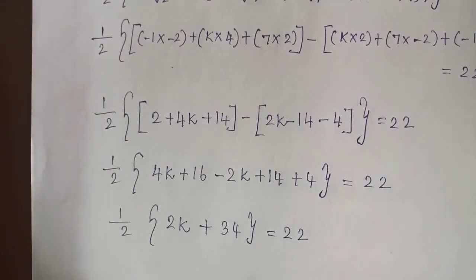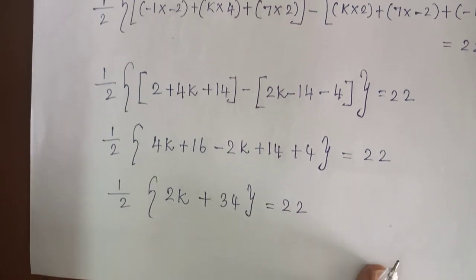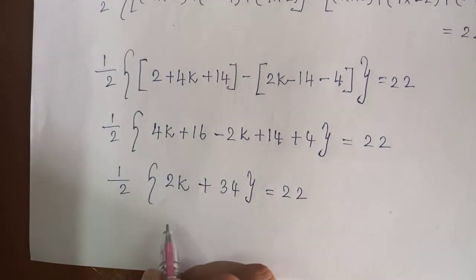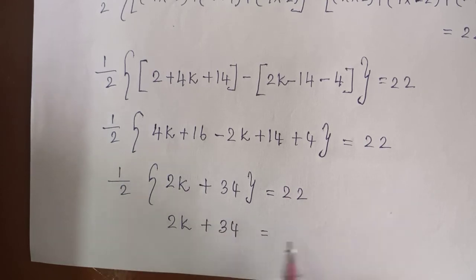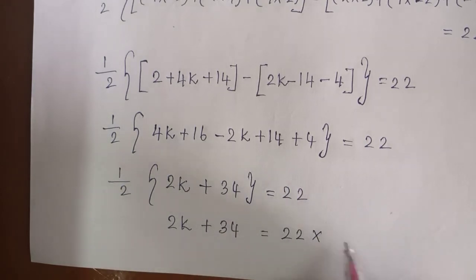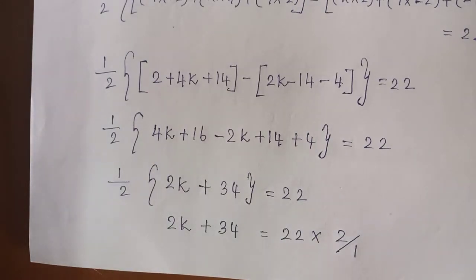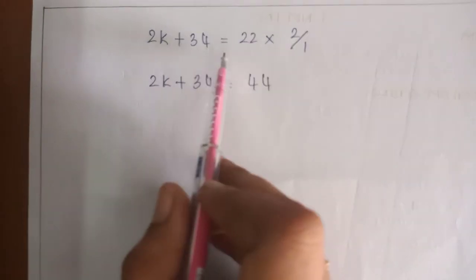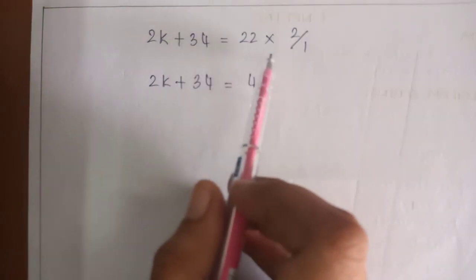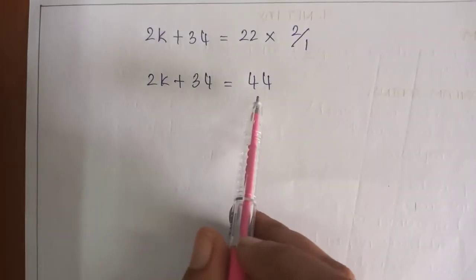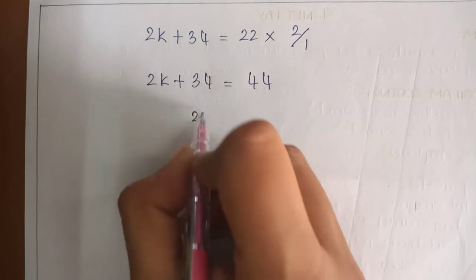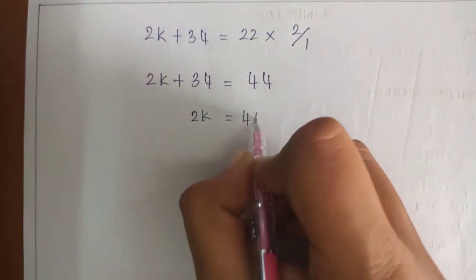Then the next step, you have to take 1 by 2 to the right hand side. You get 2k plus 34 is equal to 22 into 2 by 1. So 2k plus 34 is equal to 44.